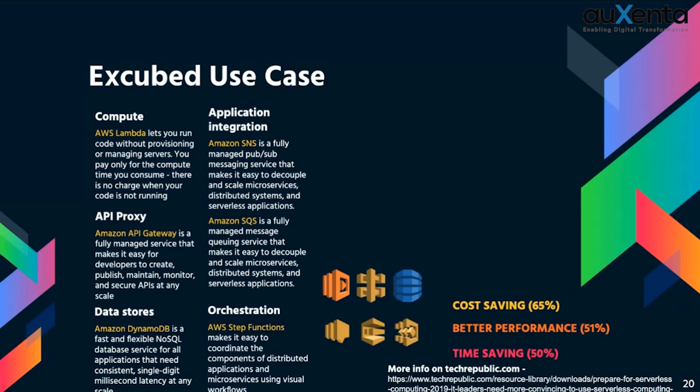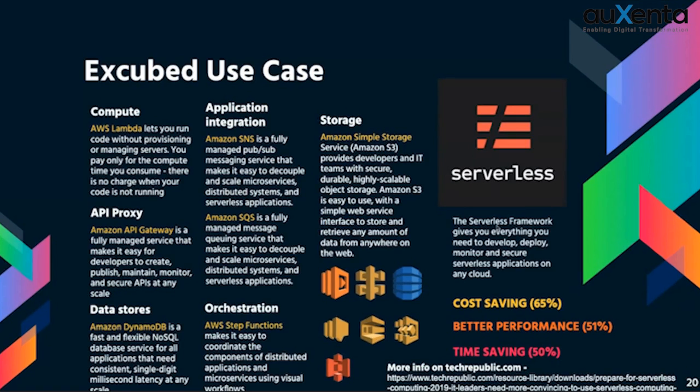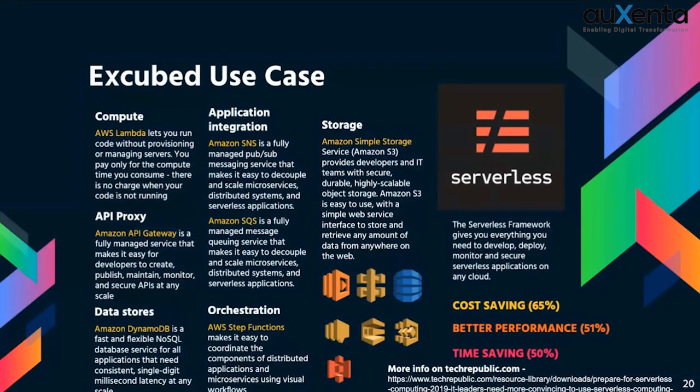For orchestration, we use AWS Step Functions, and to save static files, we use Amazon Simple Storage Service, known as S3. And we did the development in the Serverless Framework. It's a framework that gives you everything you need to deploy, develop, monitor, and secure your serverless application on any cloud. It can be AWS, Azure, or Google Cloud.